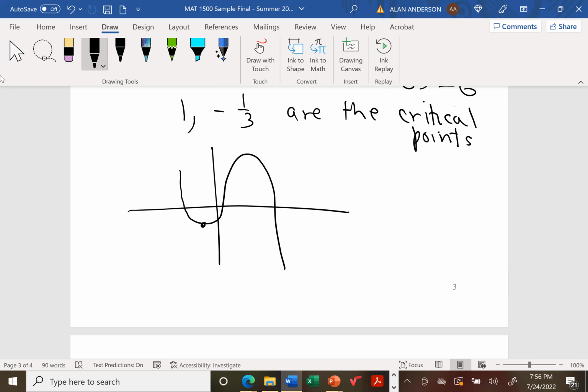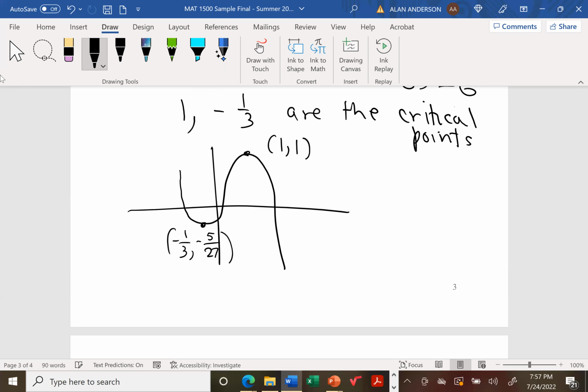So the -1/3 corresponds to, let's label this right here, and this one is very easily (1, 1).